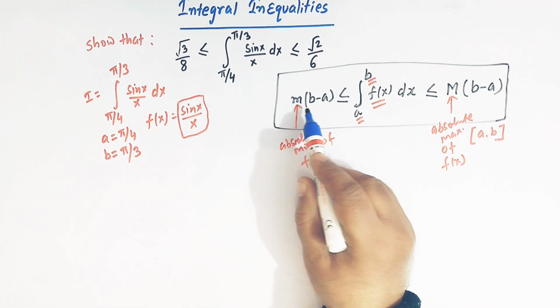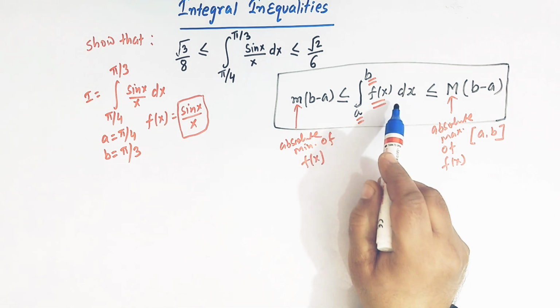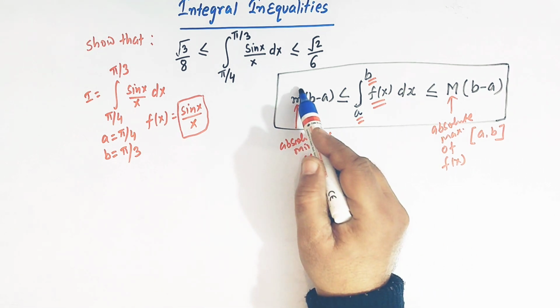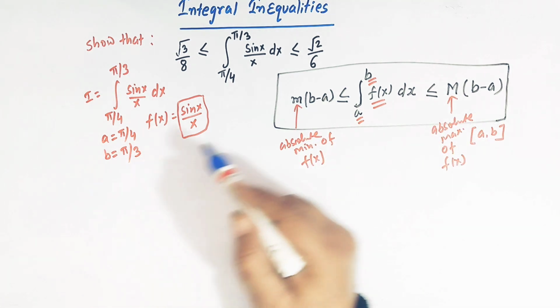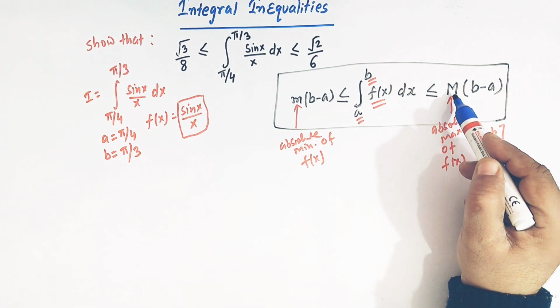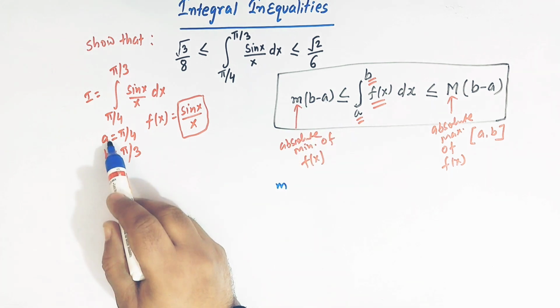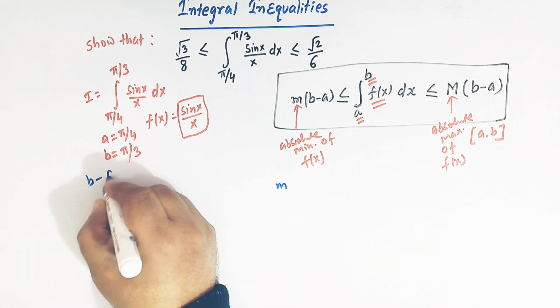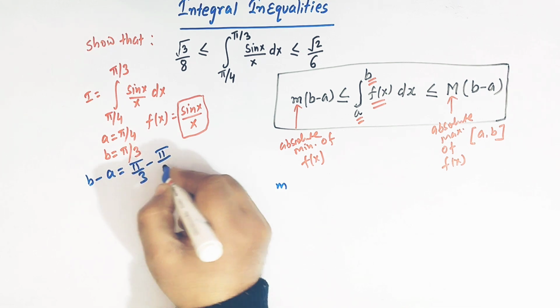So now let us substitute the values into this inequality, right? We do not know the value of small m and capital M, and we are going to find them. So now we can write m times b minus a. B minus a can be obtained as pi by 3 minus pi by 4.